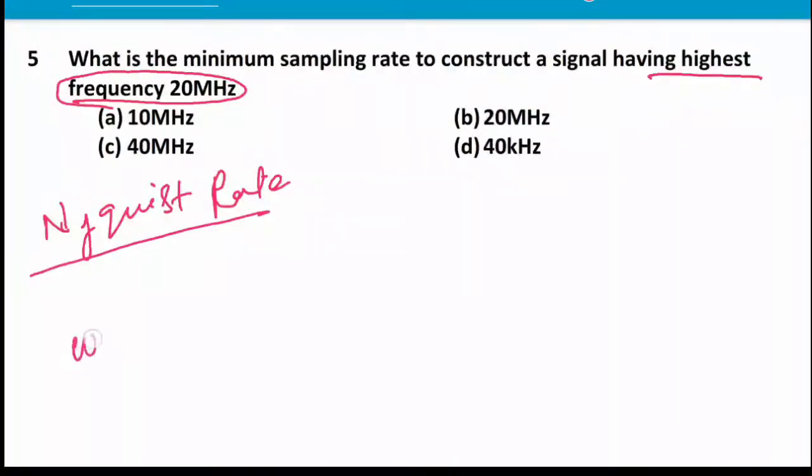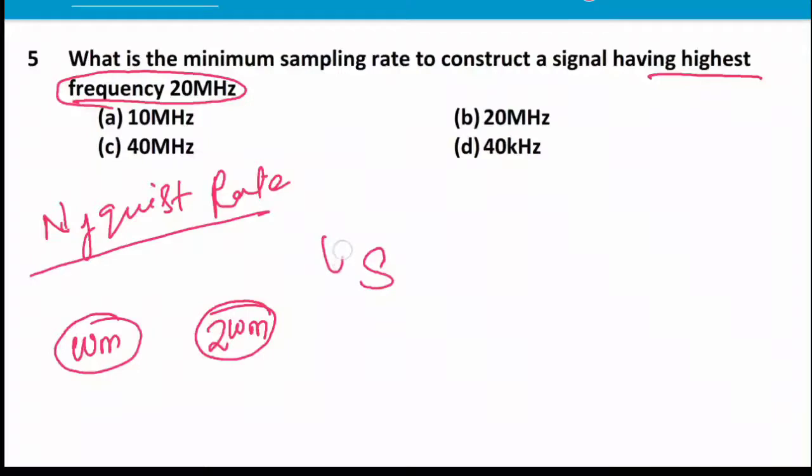Suppose highest frequency is omega m, then the minimum value of sampling rate to reconstruct the signal again will be 2 omega m. We need a sampling rate of 2 into the maximum signal frequency, that is, the sampling frequency should always be greater than 2 omega m.